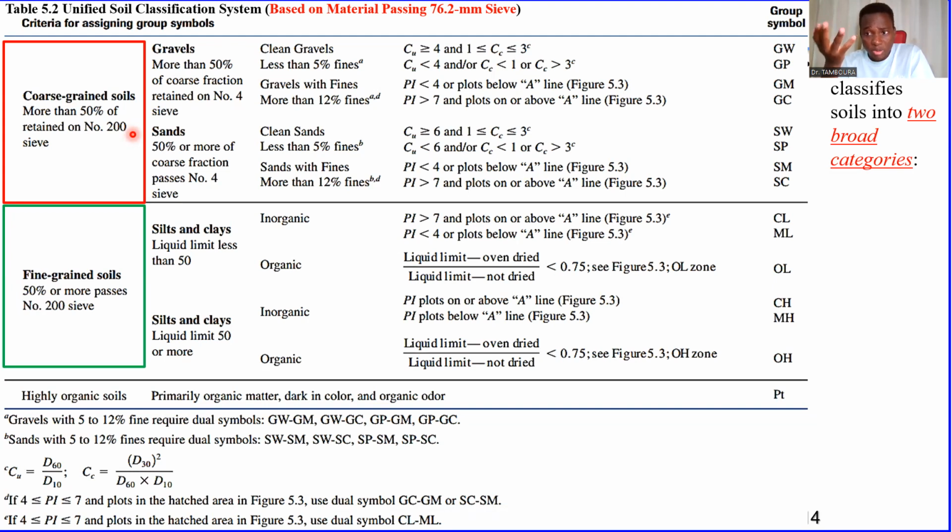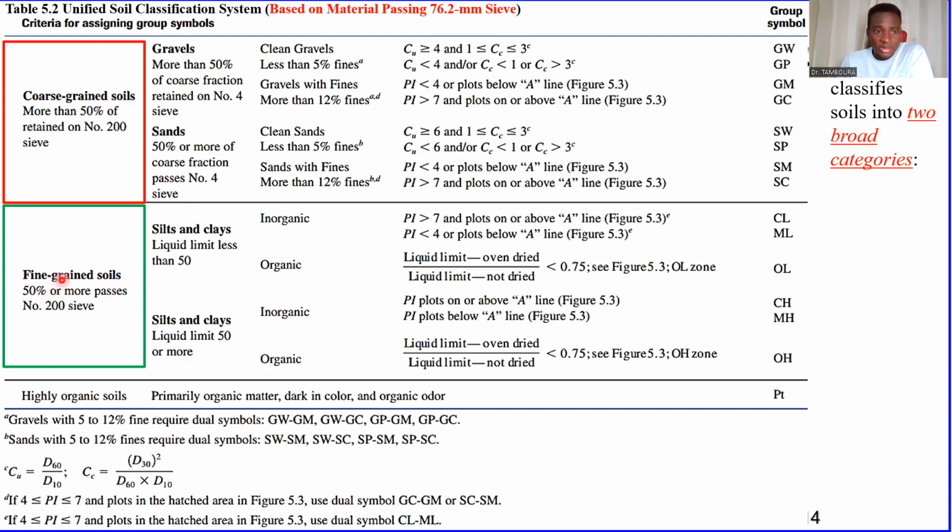It has to be more than 50 that is retained. It means again less than 50 passes, because if more than 50 is retained, it means less than 50 is passing, right?